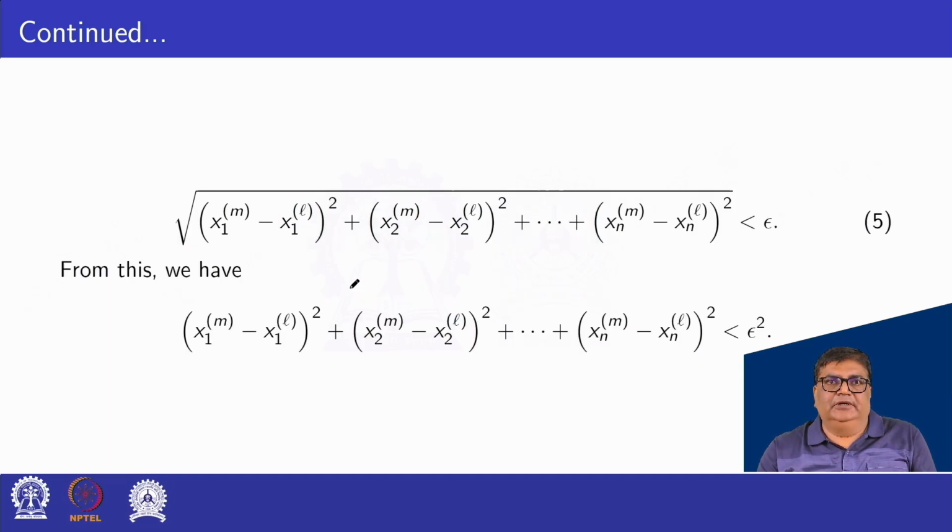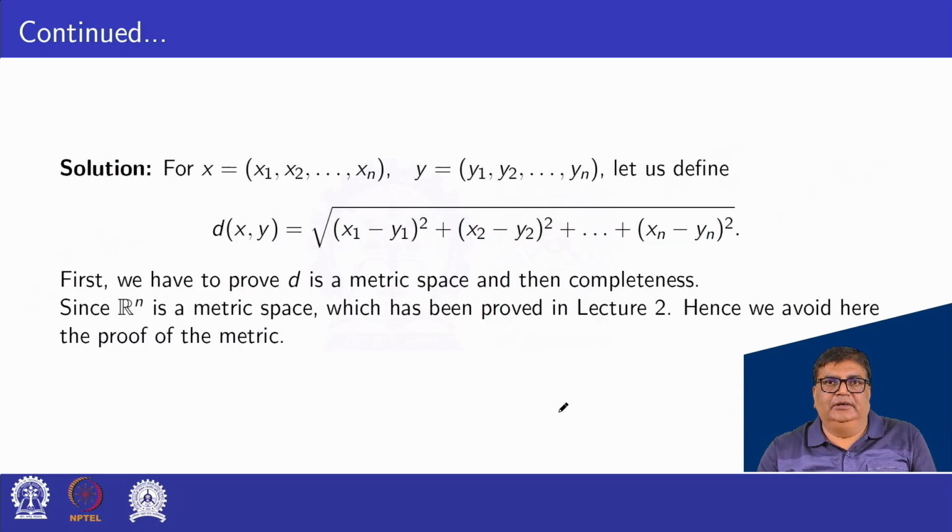That is, the square root of ((xm1 − xl1)² + (xm2 − xl2)² + ... + (xmn − xln)²) is less than epsilon, because d(x,y) is defined like this.